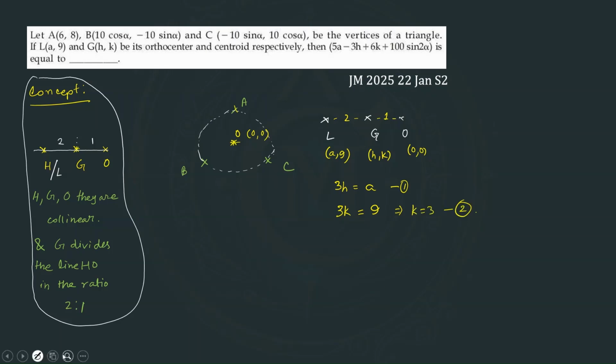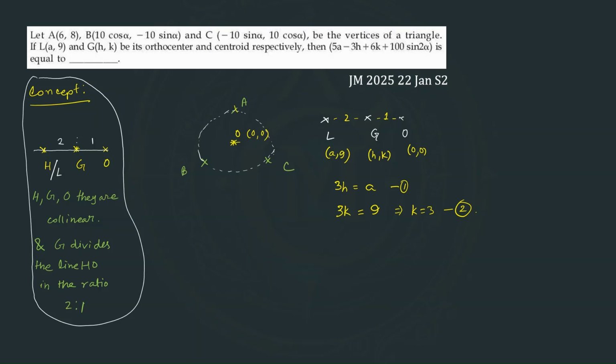Here, the desired quantity that needs to be evaluated in the question contains some term of alpha. So basically we have to find some sin 2 alpha value. That means we have to take into account the vertices of this triangle, and we need another one or two equations involving the vertices.